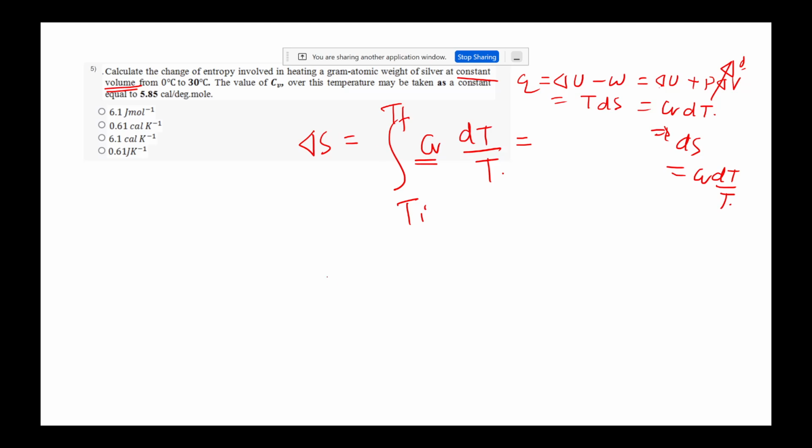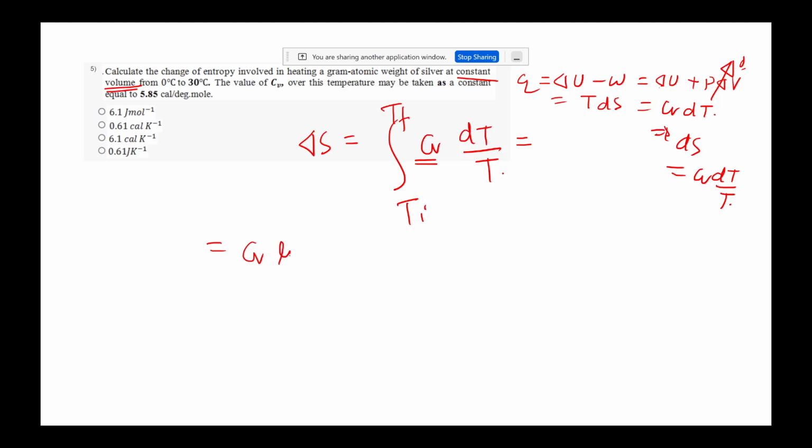And now if you do the integral, what will be the thing? Can you do this for me? Yes. And tell me the answer. ln T will come here.